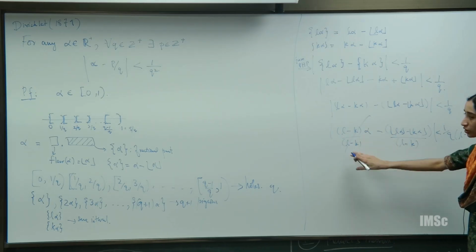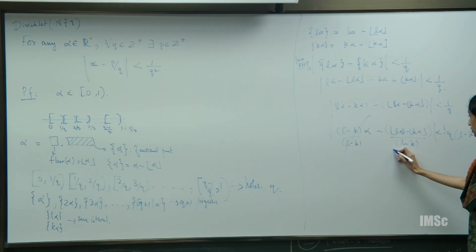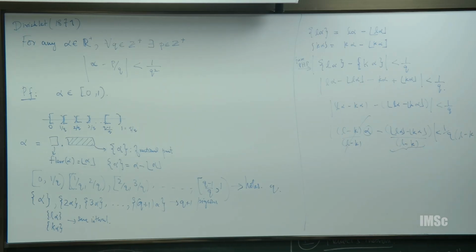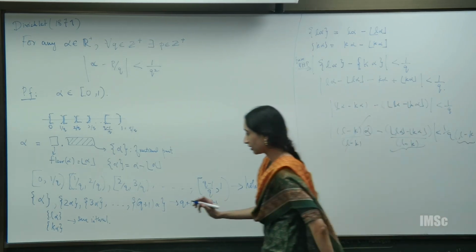So this is gone, I mean gone meaning this is 1. So this is alpha minus P by Q, right? And then how far can L and K be? So what are L and K?